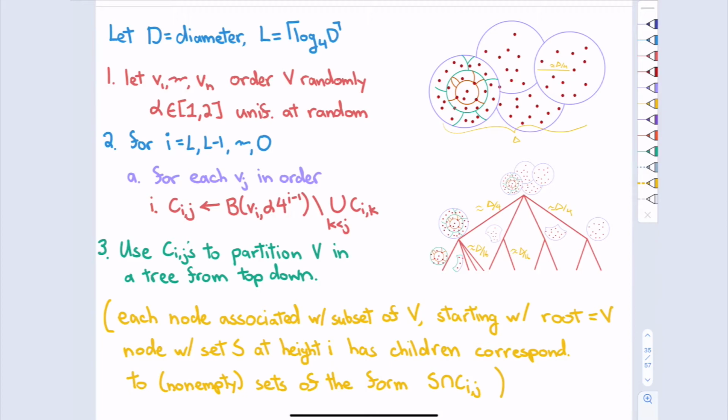And then you're going to build this laminar family of sets based on your scoops, your clusters. The idea is that to actually build this tree, we're going to associate each node in the tree with a subset of vertices. So the root will have the entire graph, all the vertices. Now the inductive case is, I have a node that has some set of vertices, might have been the root with all the vertices, and it's going to have children.